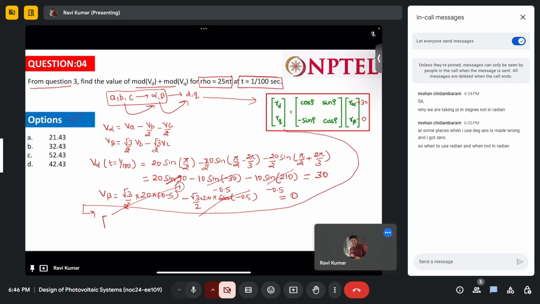So our VD and VQ. It is coming to be 30 cos rho. What is the value of rho? 25 into 180 divided by 100, it is 45. Pi by 4 only. Yes.